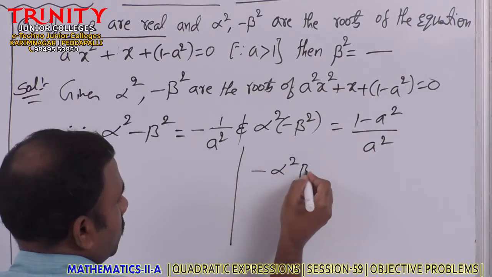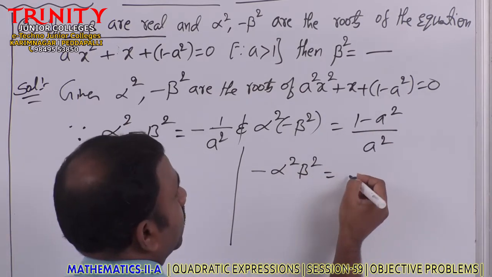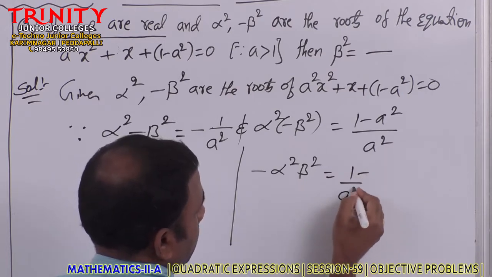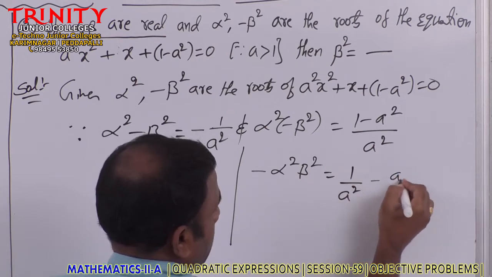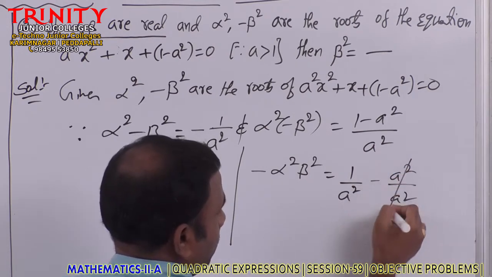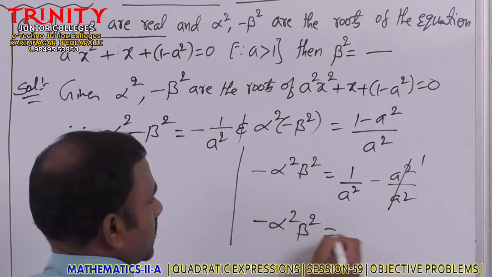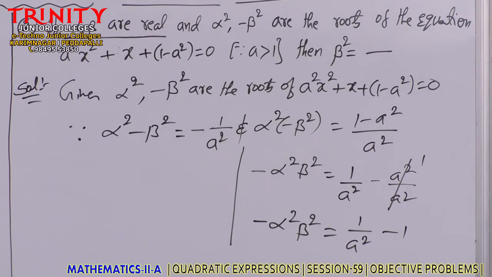minus alpha square beta square is equal to 1 minus, this one we can write it as 1 by a square, I am going for separation, a square by a square, leave 1, minus alpha square beta square is equal to 1 by a square minus 1.